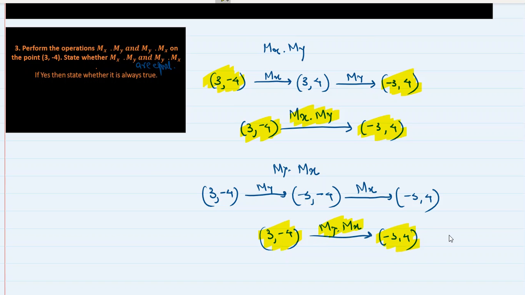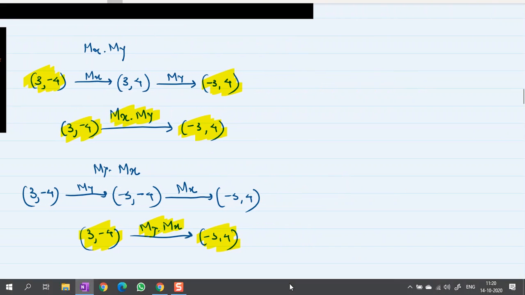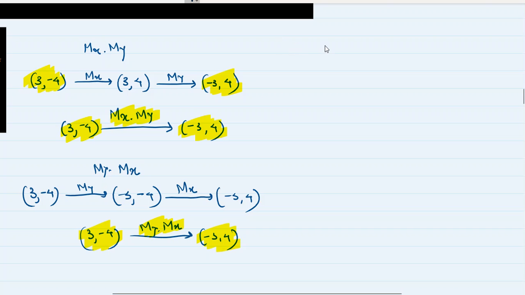The final result is the same. And if you look closely, the final result, that is mx dot my, let me show you. Let me write properly and show you. Mx dot my is equal to my dot mx is equal to mo. What is mo?